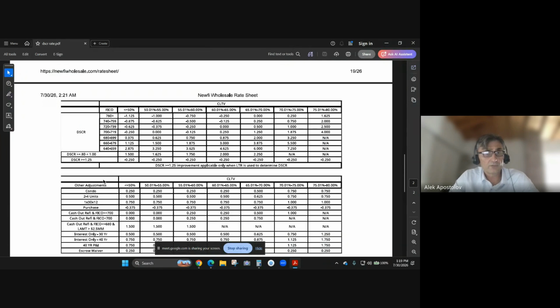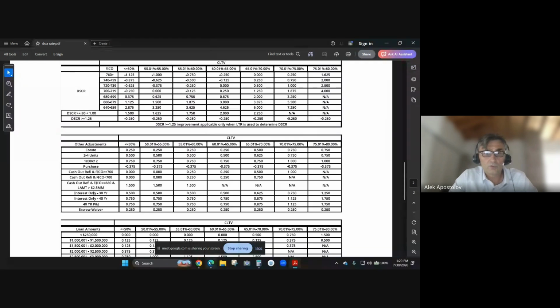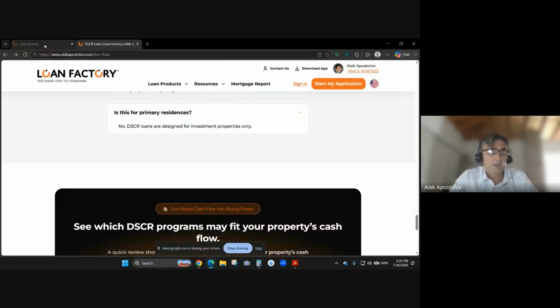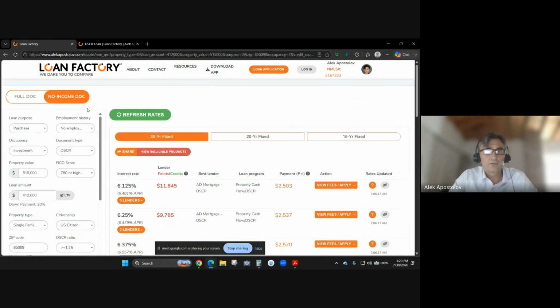There are a lot of other adjustments if it's a condo, if there is a late on the mortgage. Now, fortunately, we don't need to know all of these adjustments as an investor. I want to give you a real cool tool right here. If you go to alecapostolov.com, the first thing you're going to see is a pricing engine, and you can click on no income docs.